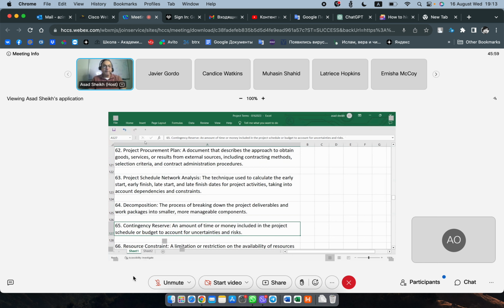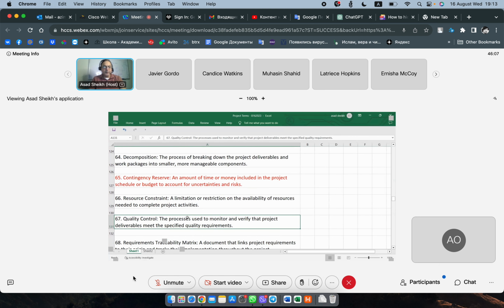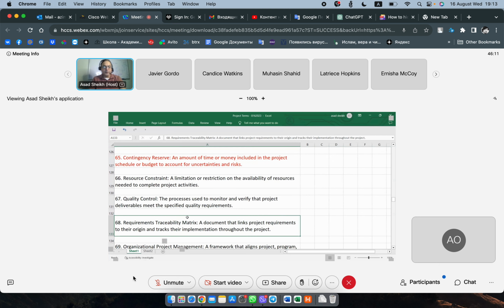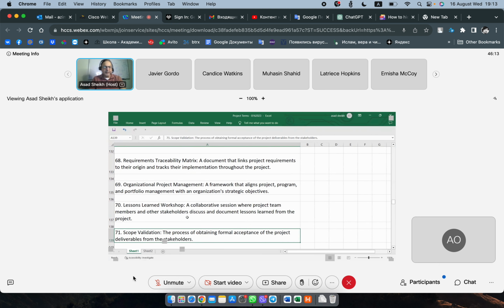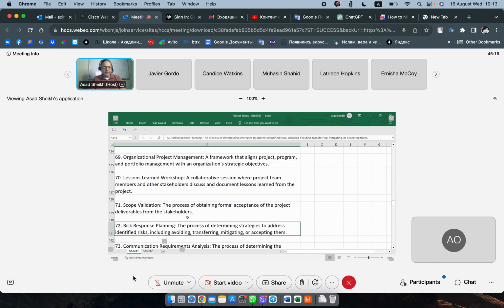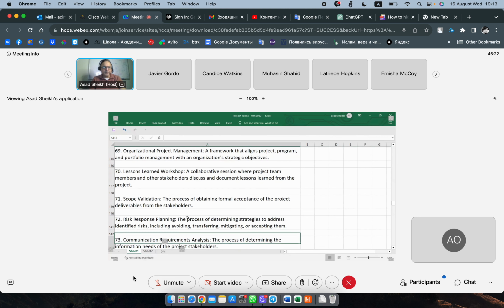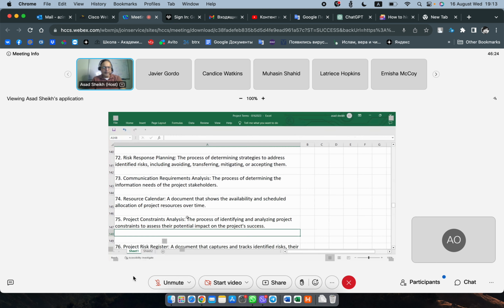So we're just going to make that red because we don't have to talk about that right now. Resource constraints. We talked about that. Quality control. Some of these are repeating here, and I'm going to remove those on our next go round, as I see that some of them have been spoken for earlier.